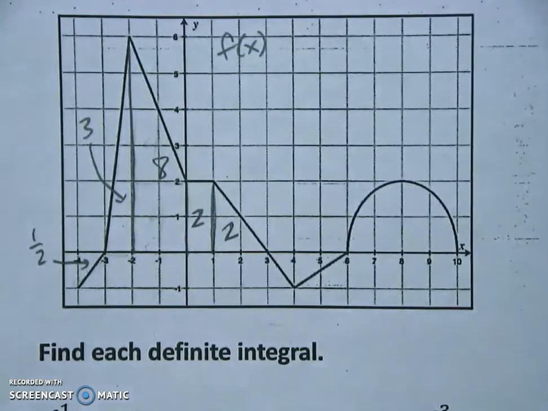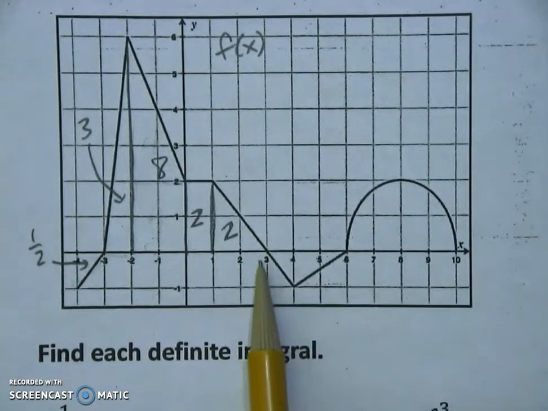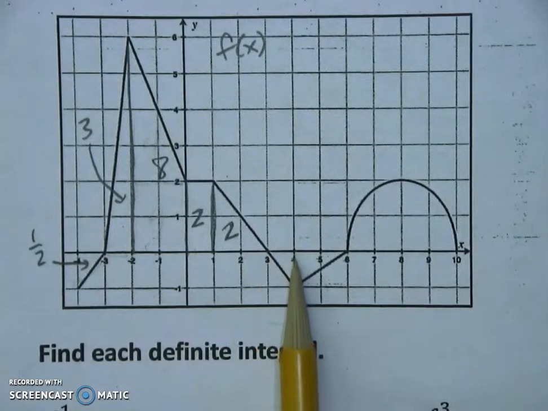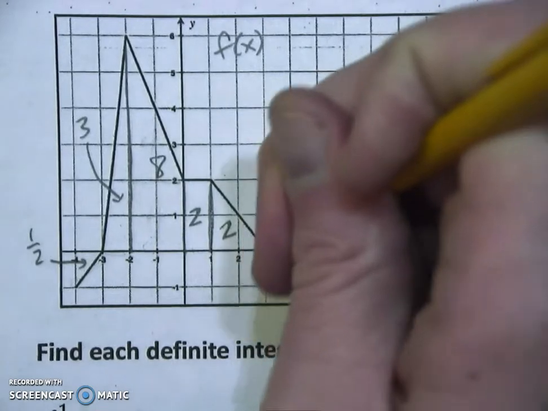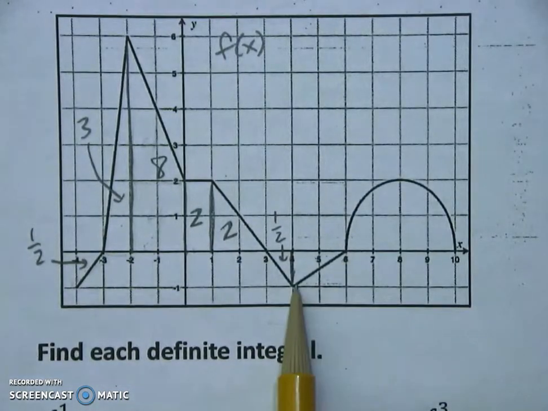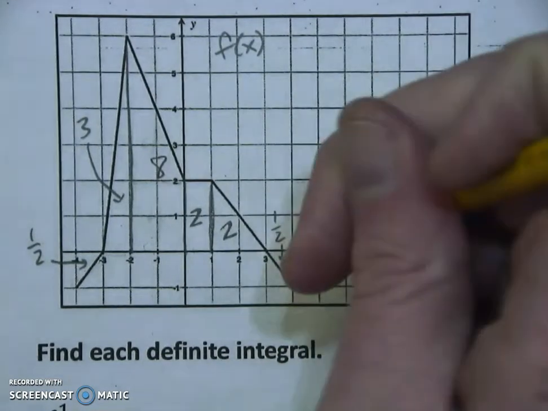So that triangle is area 2. Between 3 and 4, I've got another one of those half of 1 times 1 triangles. So we'll call that a half. Between 4 and 6, I have a triangle that is half of 1 times 2. That's just 1.